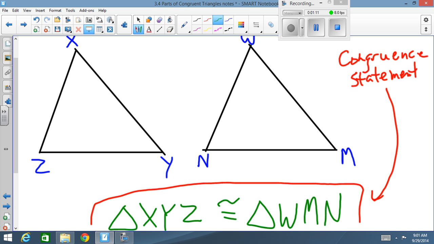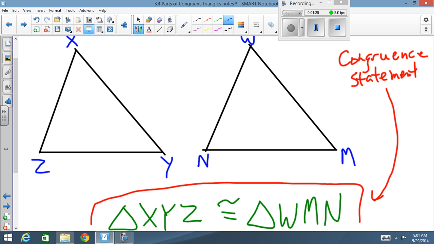There has to be other information that you can rely on. So in this case, when they say triangle XYZ is congruent to triangle WMN, the order matters, and that order tells us what parts are actually congruent.